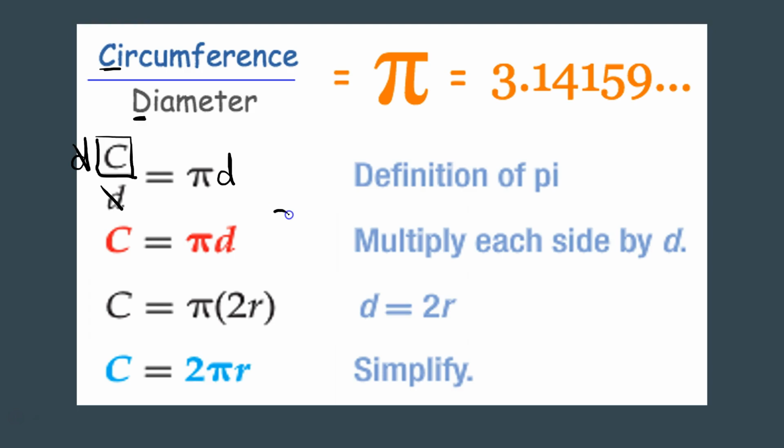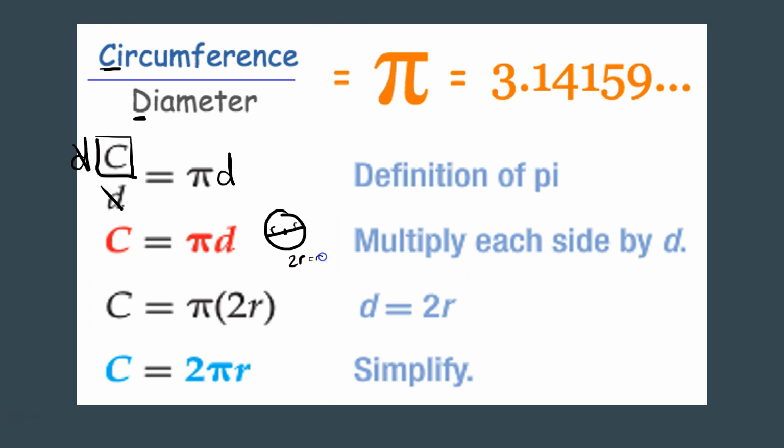Okay, so in any circle, this is our diameter. But I don't want to use diameter, I want to use radius. Well, radius is when we have the diameter split in half. So this is R and this is R. And if we add our R's, we have 2R.